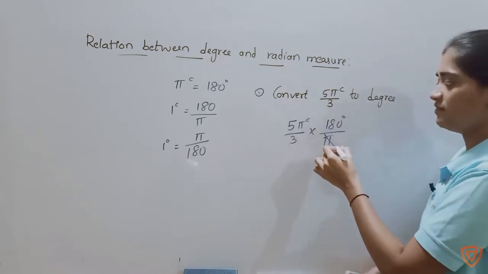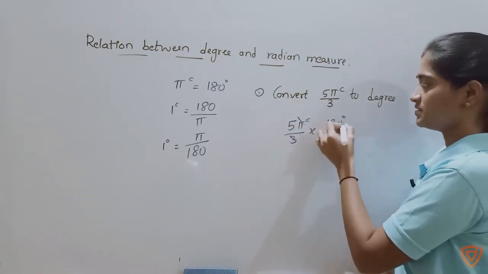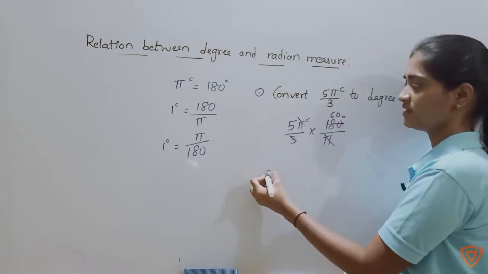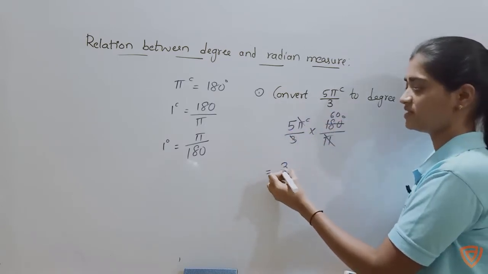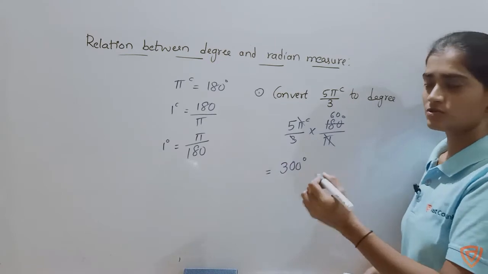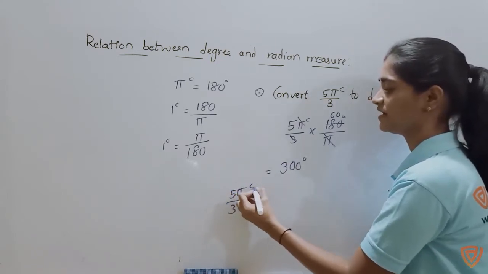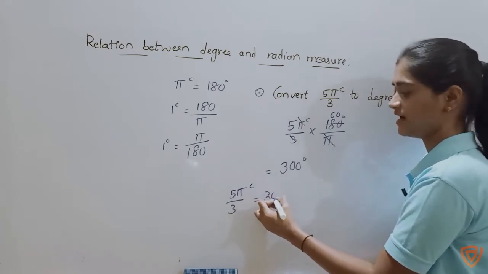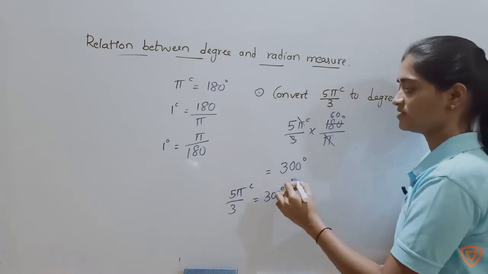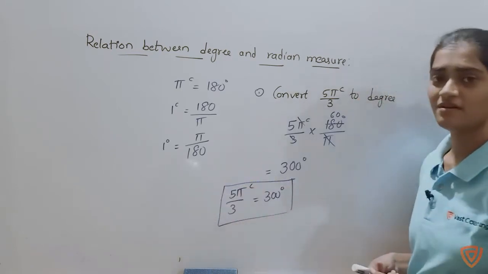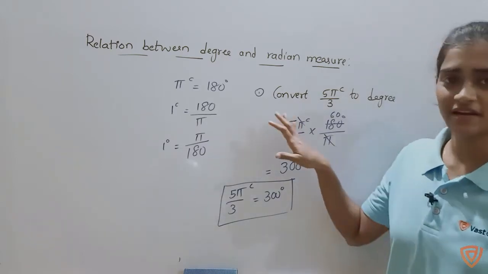So this is 1 sum 6, so this is 5 into 60, we have 300 degrees. So we can write 5 pi by 3 radian is nothing but 300 degrees. This is how, using this relation, we can convert the given radian to degree.